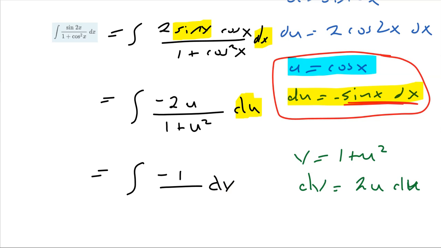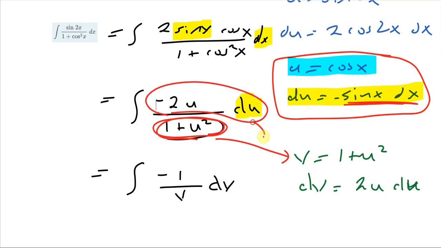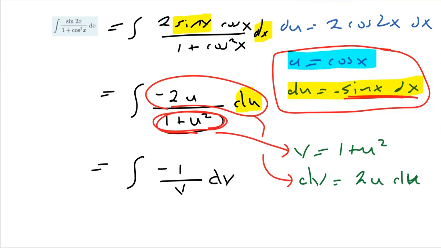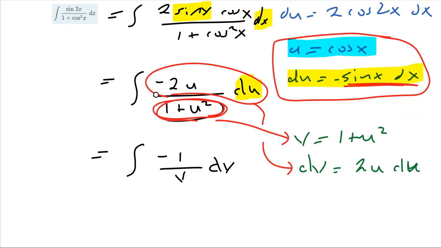Sorry, v. So this is my v, right here is my v, and then this part is the dv. And I know that antiderivative, 1 over something, that would be just negative natural log of that plus c.